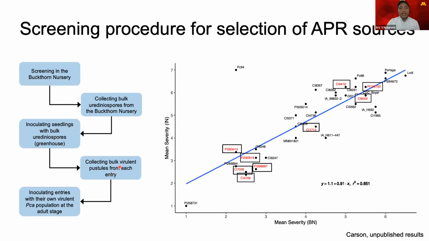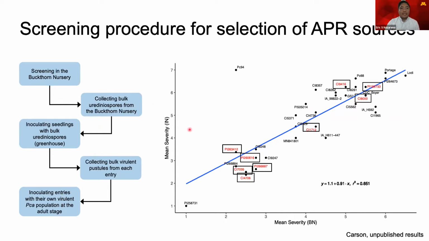And then he collected only the virulent pustules from each entry, and later on inoculated each entry with their own virulent population. So that is all to eliminate the race-specific resistance and only select for adult plant resistance.